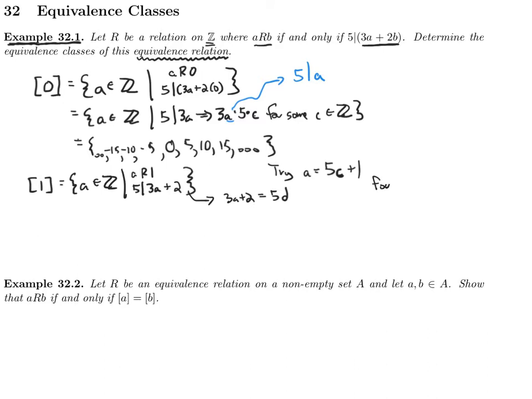And c and d are integers. So let's try that a is something where we get a remainder of 1 when we divide by 5. So we get 3 times (5c plus 1) plus 2 equals 5d. Does this work? Okay.